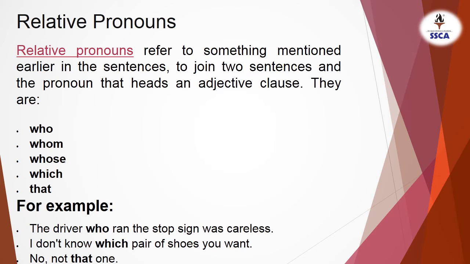In example number 2, I don't know which pair of shoes you want. Here, which is joining two sentences. Now, in example number 3, no, not that one. Here, that is joining the two sentences. So, these are called relative pronouns. Now, let's move forward towards the next type.